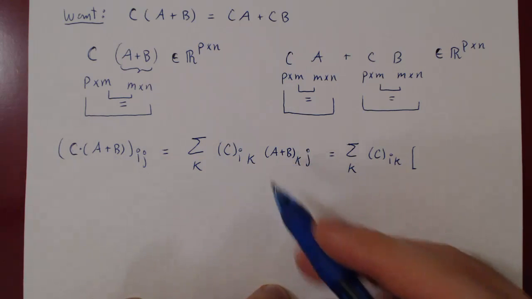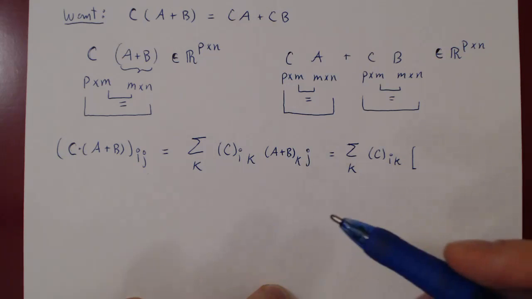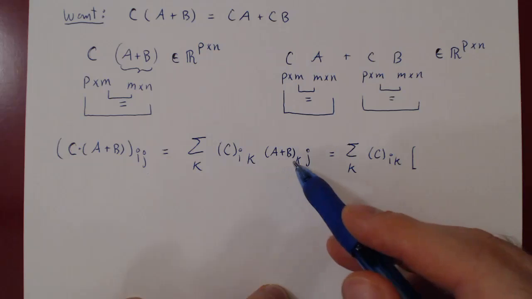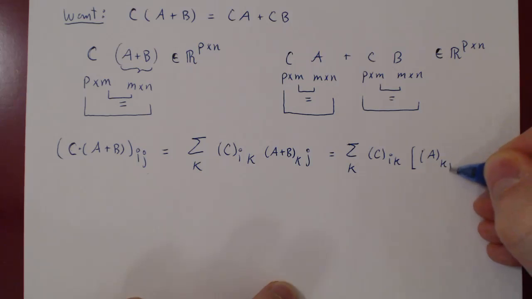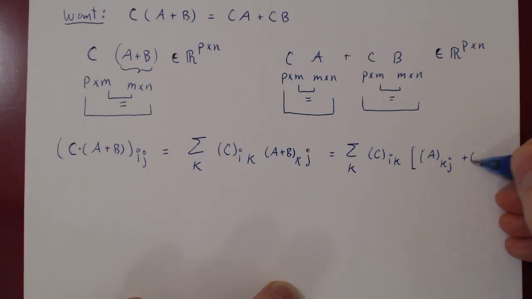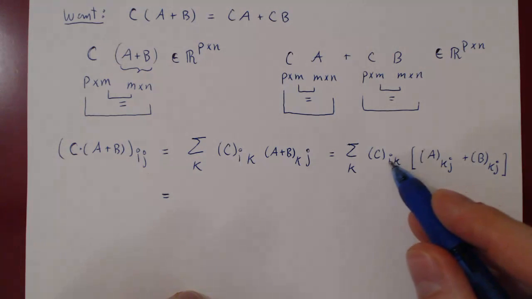Well, as we've said before in a previous example, when we add matrices, we add corresponding entries. And so the entry in the kth row jth column of A plus B is the entry in matrix A in the kth row jth column, plus the entry in matrix B in the same position, kth row jth column. But these are just real numbers.